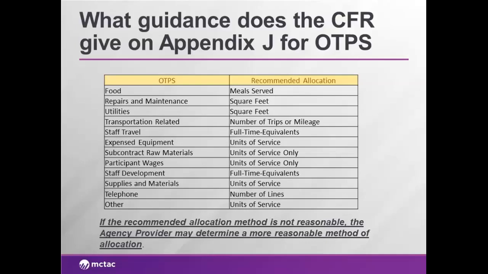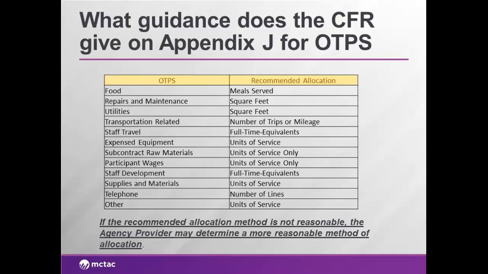So in the cases where you're looking at these allocation methods and they're just not making sense for you, then you need to think about coming up with a reasonable method for your allocation. One of the recommendations that I have is that you document that method.